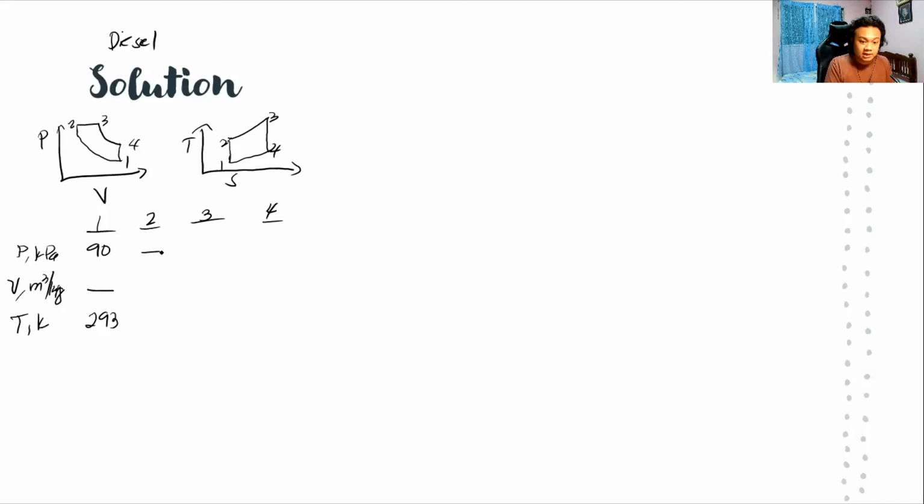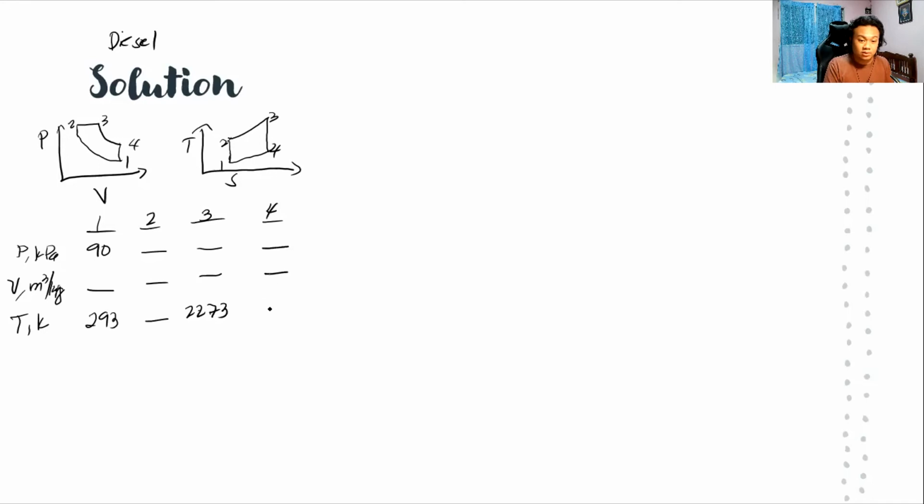Let's put these values here. We have the maximum temperature, diba? Where will we put that? The maximum temperature is at state 3, the temperature is highest here, so we have 2000 degrees Celsius. Let's convert that to Kelvin: 2273.